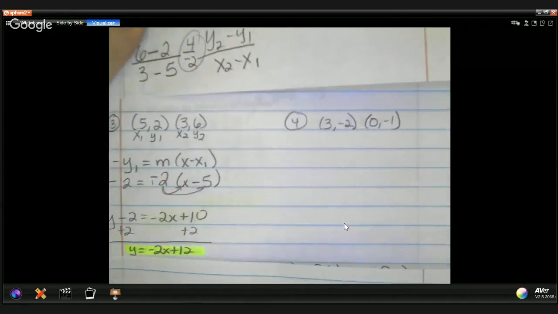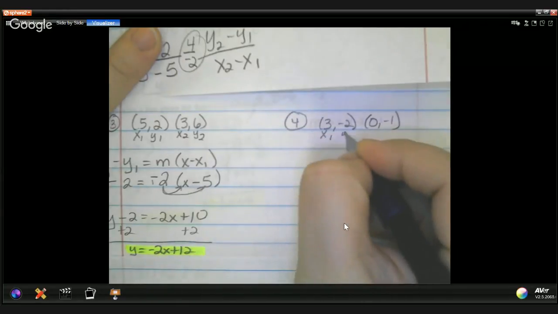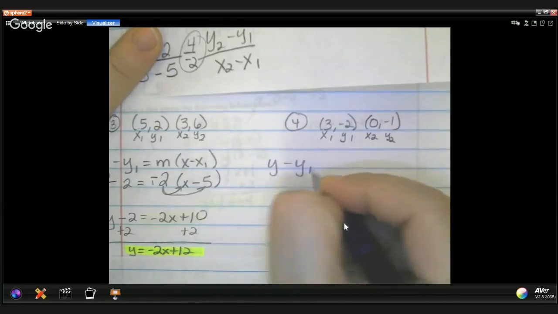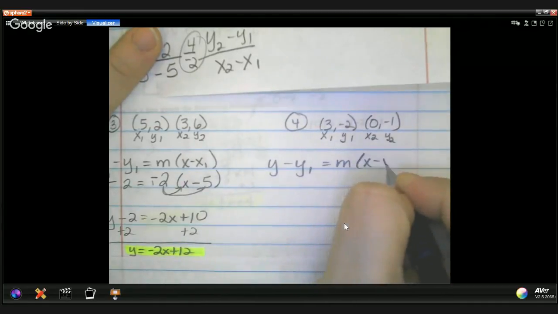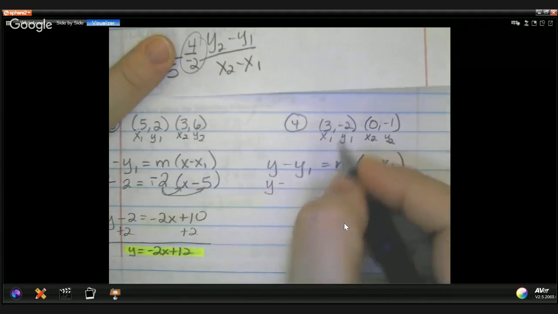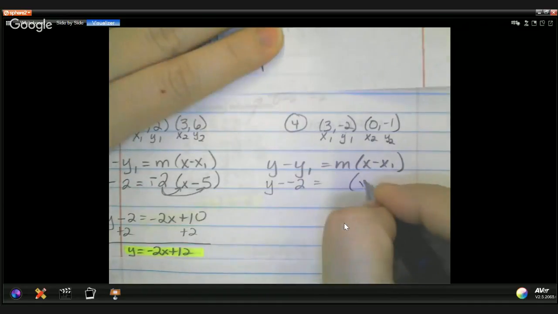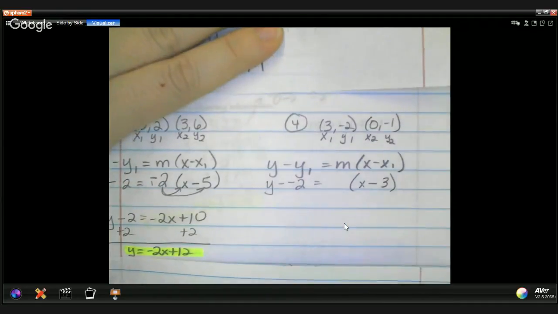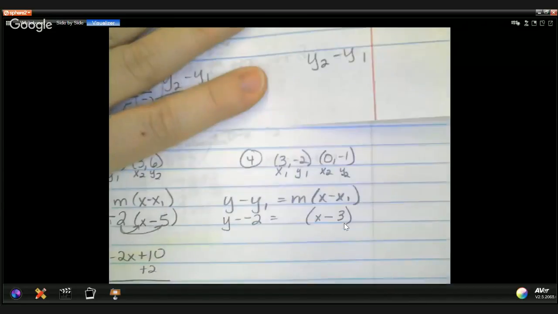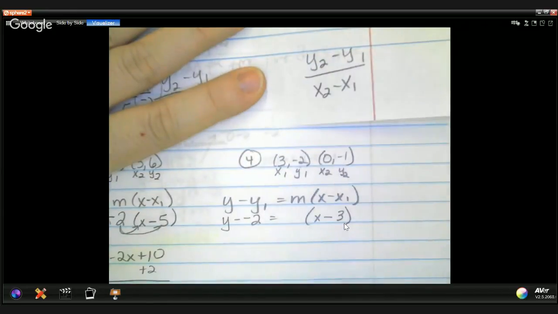So number 4 was the same process. x1, y1, x2, y2. I'm going to write my formula again just so I get used to it. Don't know my y, but I do know my y1 is negative 2. I don't know my m yet, but I do know my x1 is 3. So again, y2 minus y1 over x2 minus x1. That's what my m is.